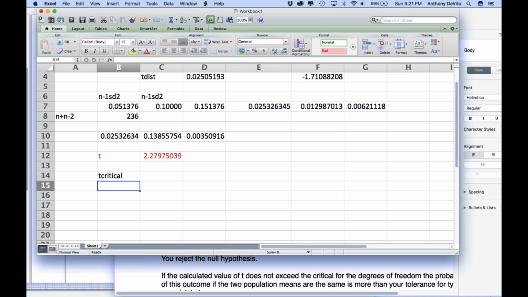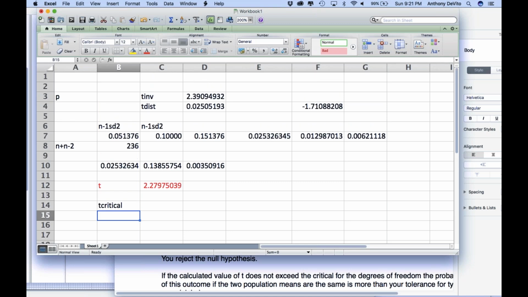T-critical is going to be, for equal standard deviations, we're going to take the sum of the two sample sizes, the 77 and the 161, which adds up to 238. We're going to subtract two from it, so our degrees of freedom is 236.